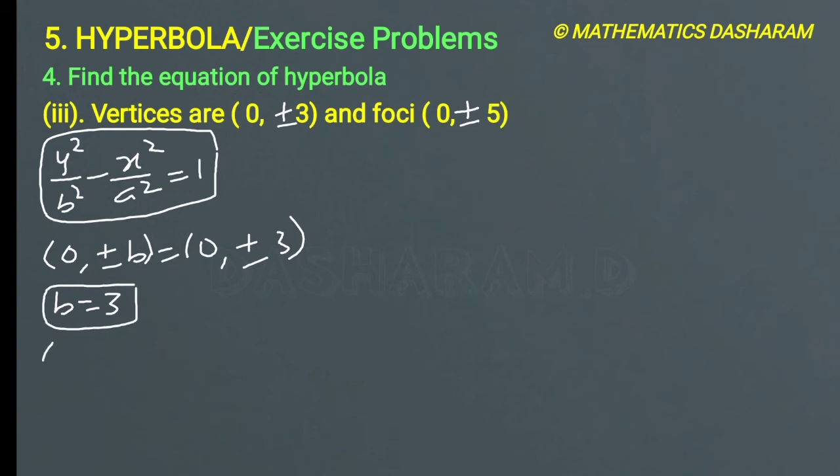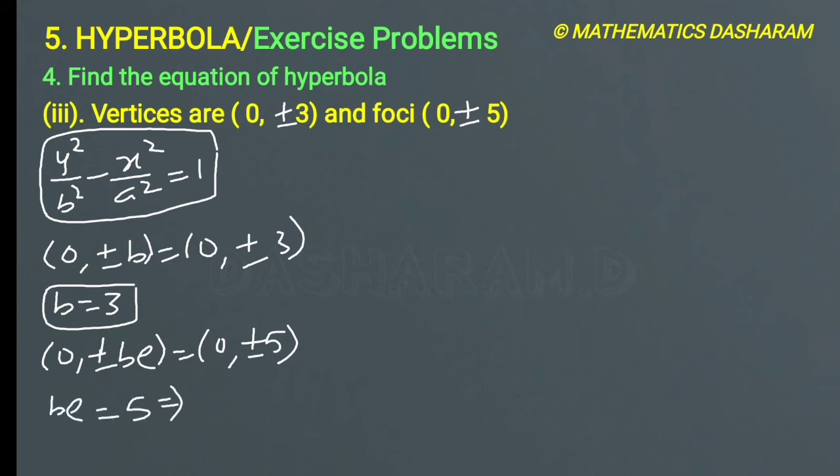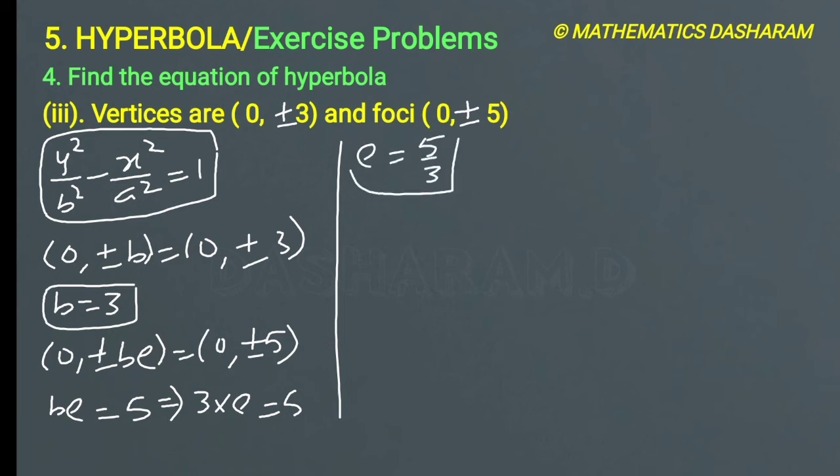Next, the foci are 0 comma plus or minus b times e, which equals 0 comma plus or minus 5. So b times e equals 5. Substituting the b value 3: 3 times e equals 5, so e equals 5 by 3. Now let's find the a value using the eccentricity formula, 1 plus a square divided by b square.